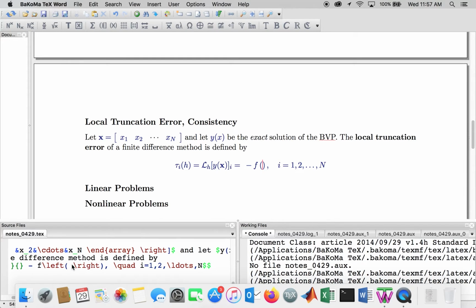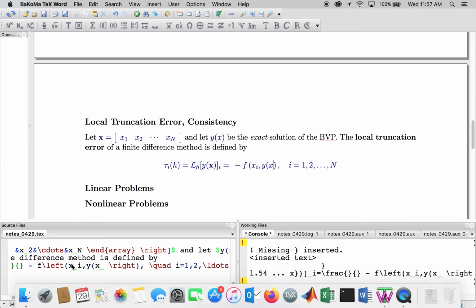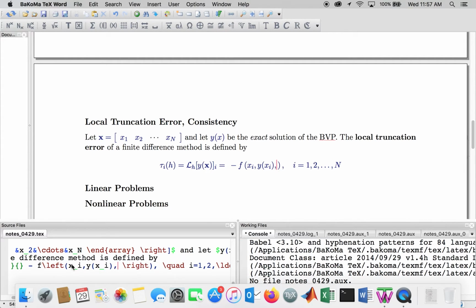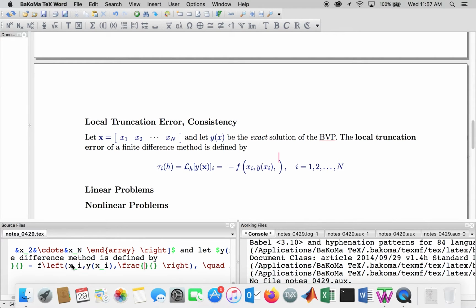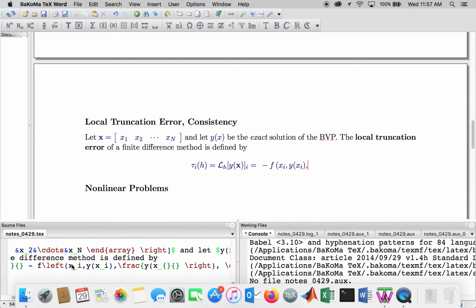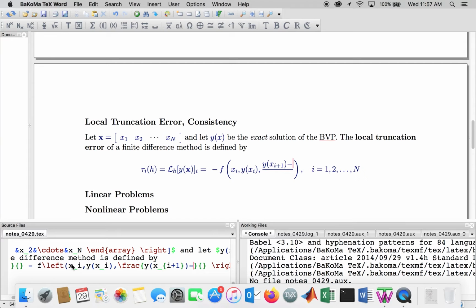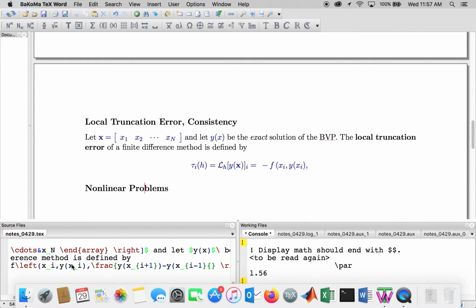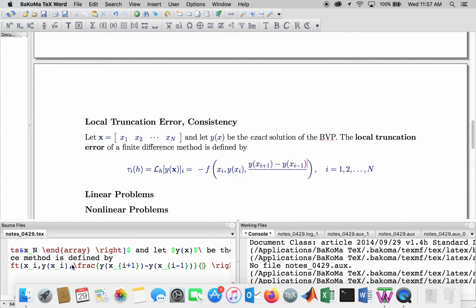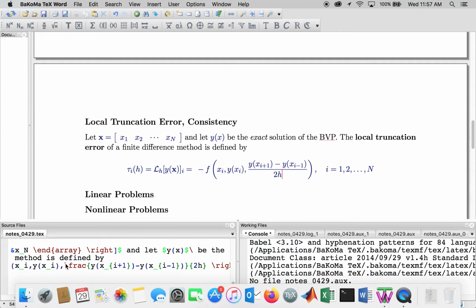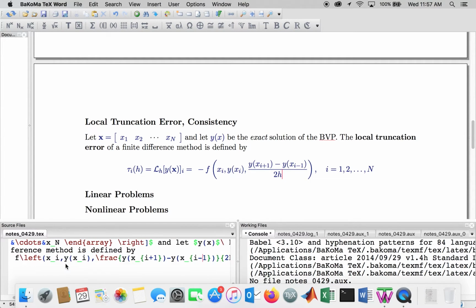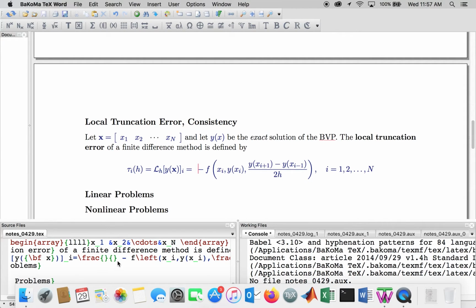Okay, so let me fill in the particulars here. So we have x_i, y of x_i, the exact solution evaluated at this x, and then the finite difference approximation of the first derivative, and then the same thing for the second derivative out here.